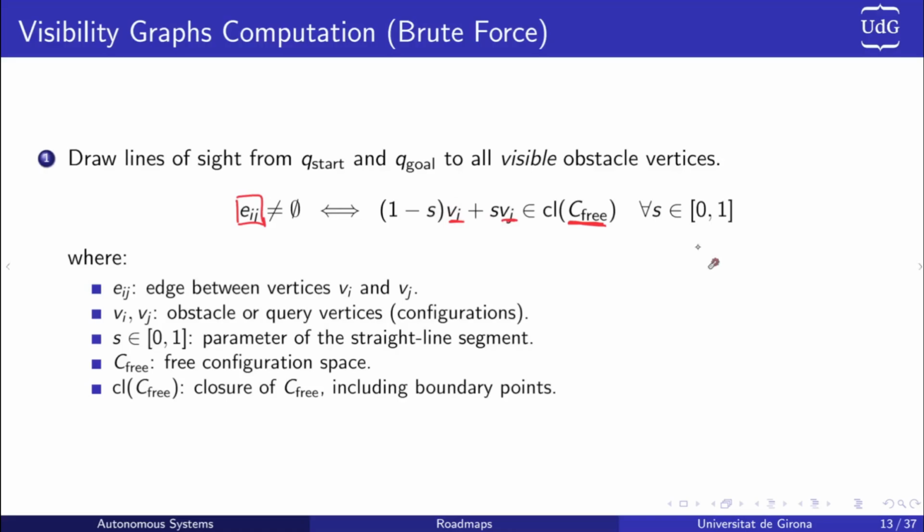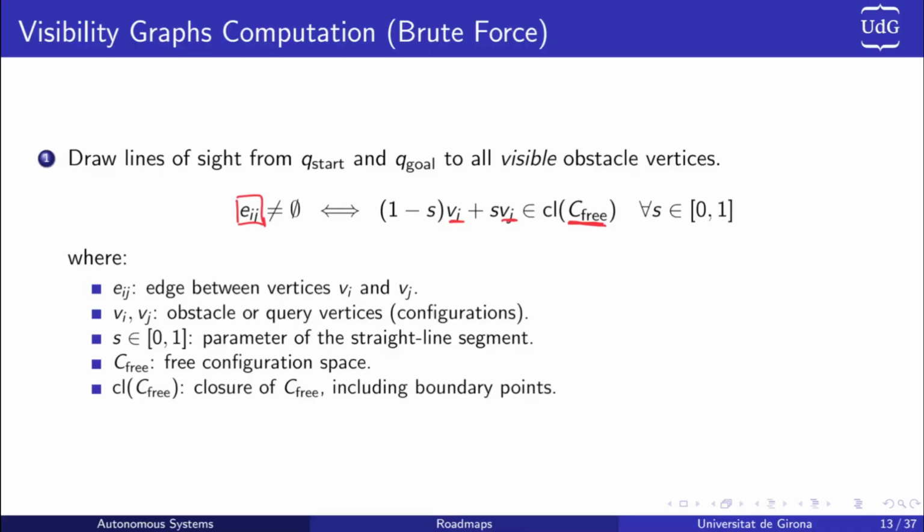When s is in the middle, 0.5, for instance, then we are at a half distance between bi and bj. We are 0.5 times bi plus 0.5 times bj, and we are just in the middle. Okay, if you do that from 0 to 1 in a continuous way, or we discretize that in very tiny steps, we are checking all the possible points.